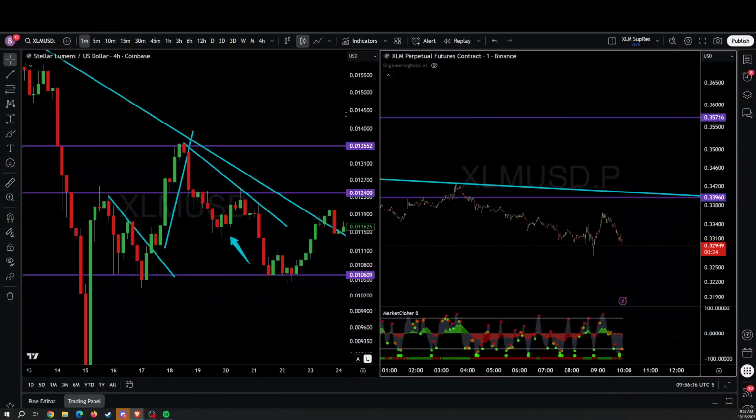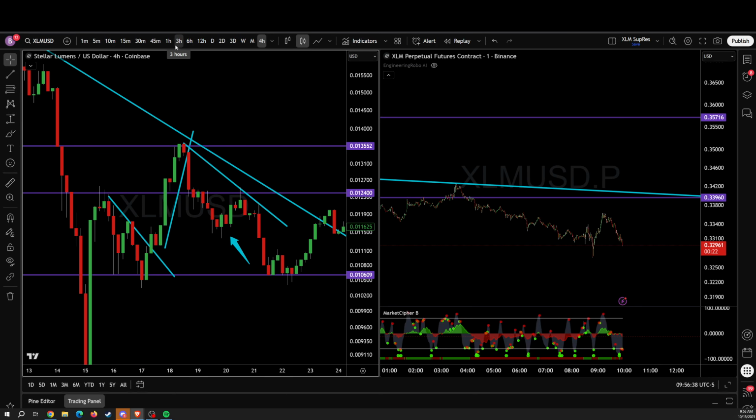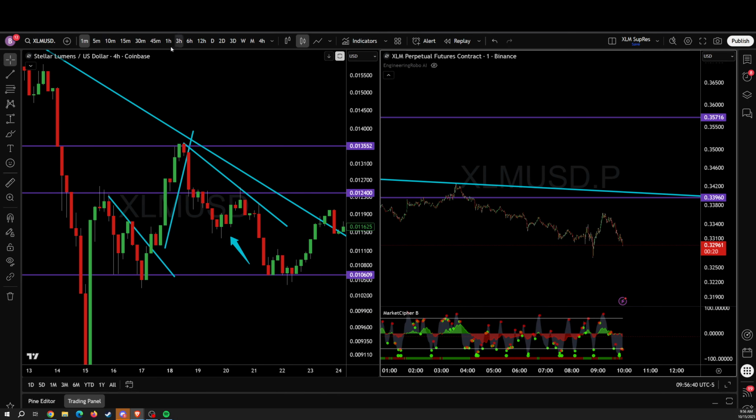If we go back and we look at it on this one, it's roughly the 3-hour chart is what I'll call it. Here's your Engineering Robo on that same move.